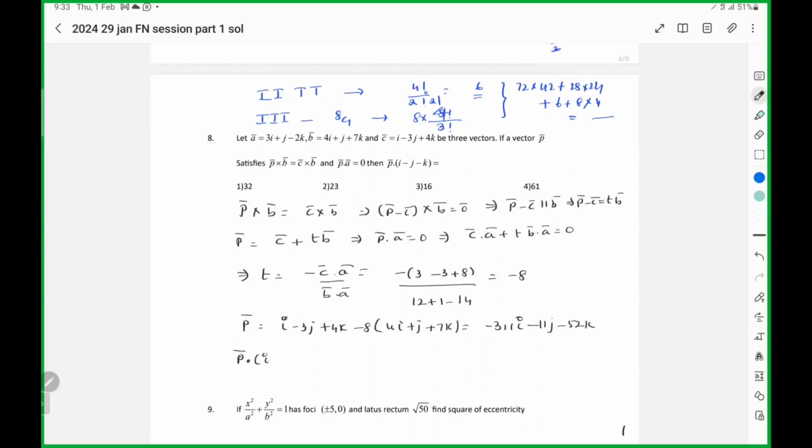Again P bar dot I minus J minus K: minus 31 plus 11 plus 52, 63 minus 31, 32.